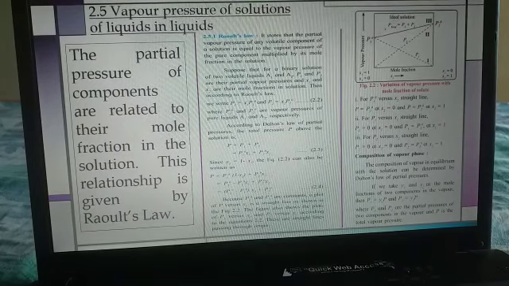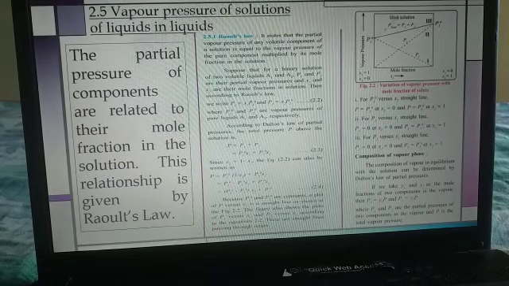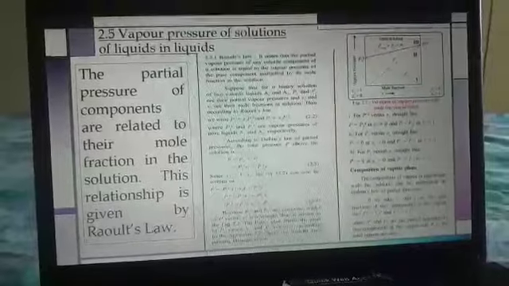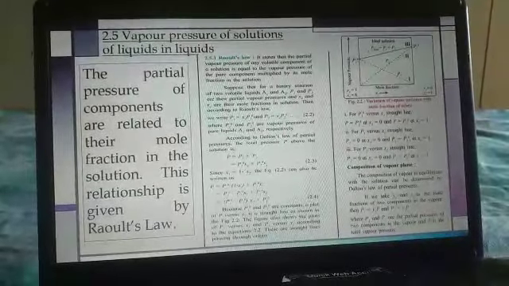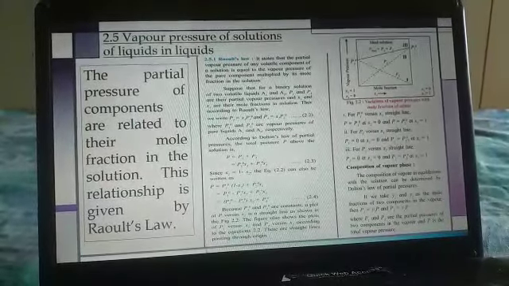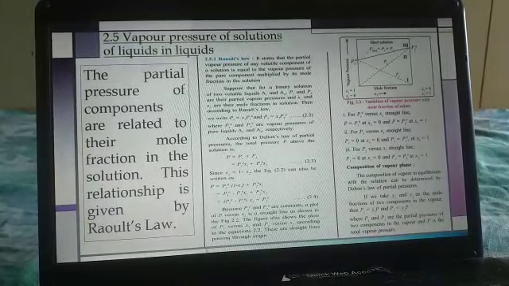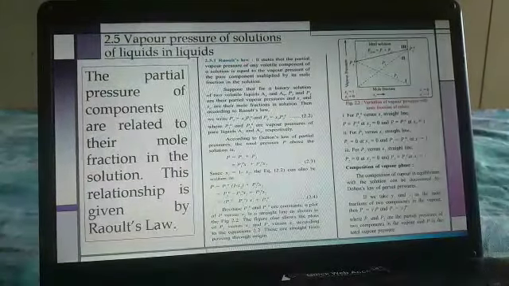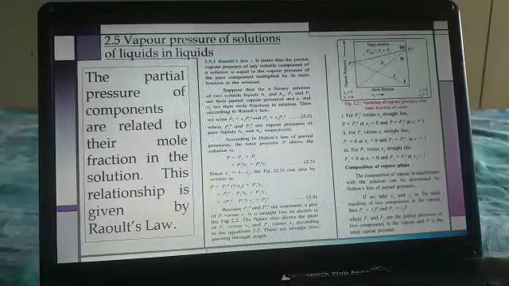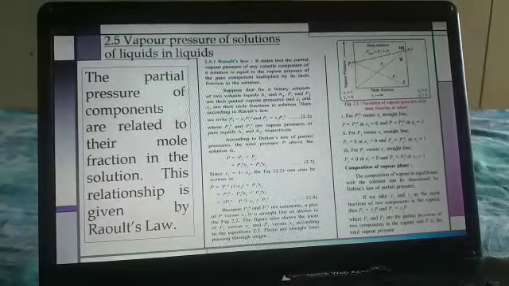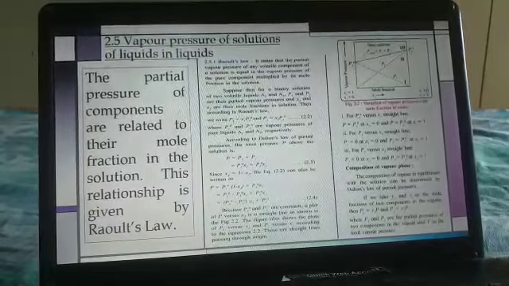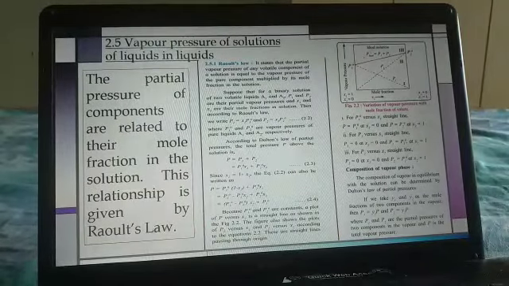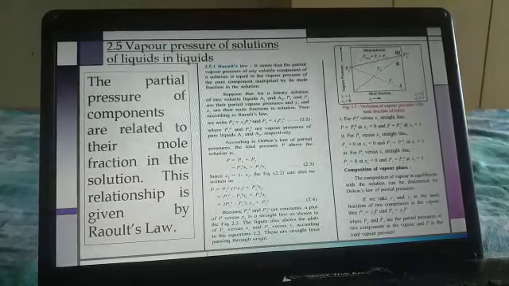Solving this expression, the total pressure P is equal to P1 plus P2, that is P1 naught X1 plus P2 naught X2. Now X1 is equal to 1 minus X2. Substituting the value of X1, P is equal to P1 naught into (1 minus X2) plus P2 naught X2. Multiplying the bracket, P1 naught minus P1 naught X2 plus P2 naught X2.